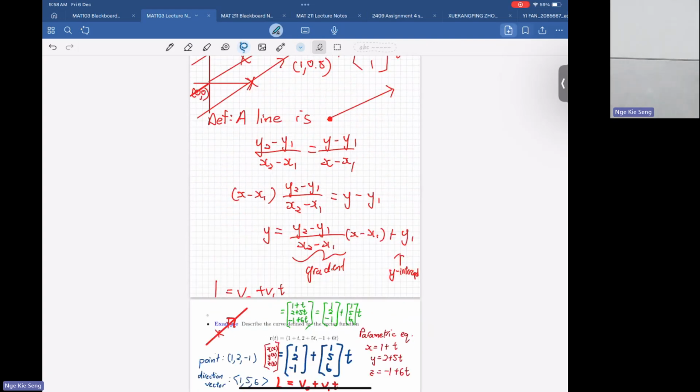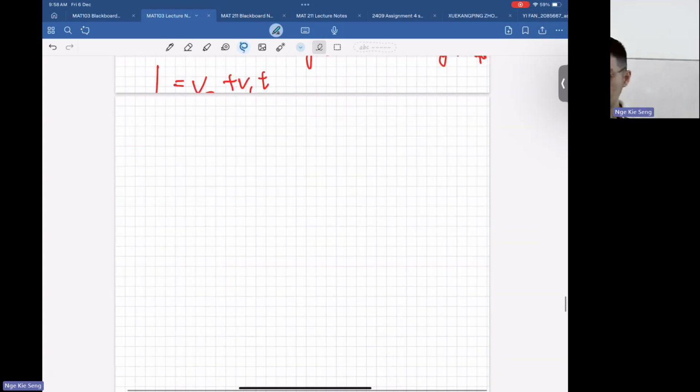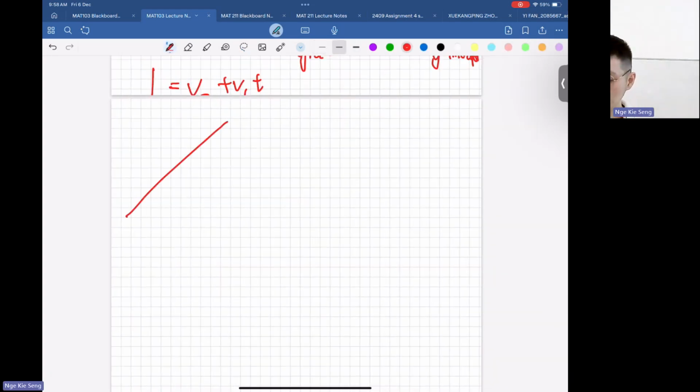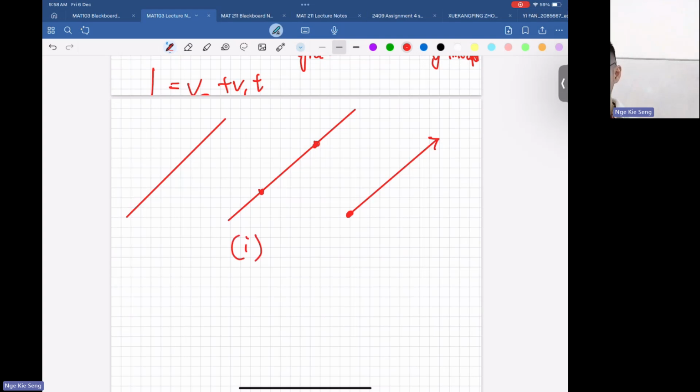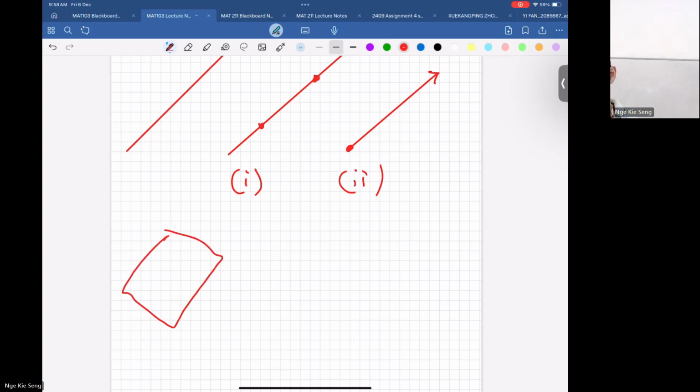There are a few ways to make planes. Let's quickly go through this and then we can take a break. For a line, how do you make a line? Either you tell me 2 points and then you join them, which is what we learned in high school, or you take a point with a direction. These are the two ways to make lines. How about a plane?